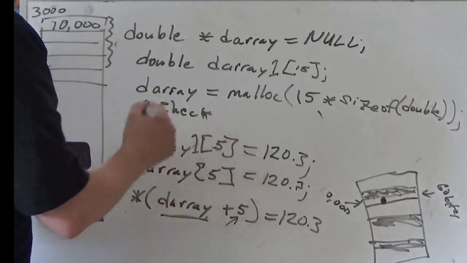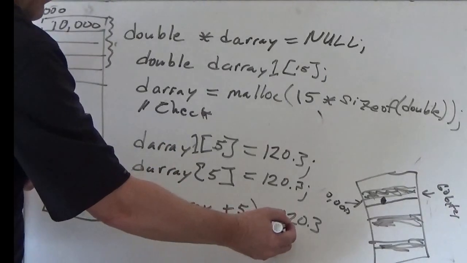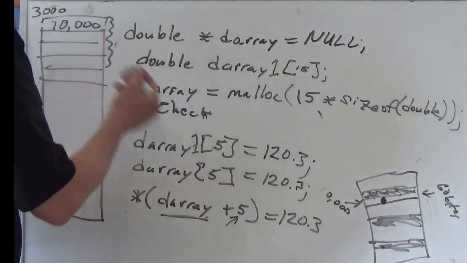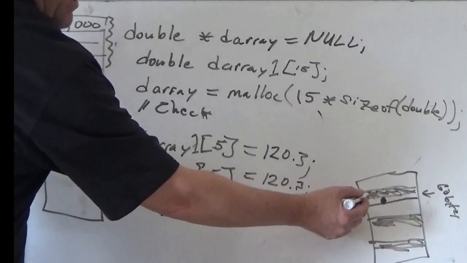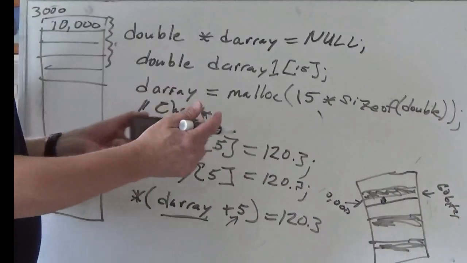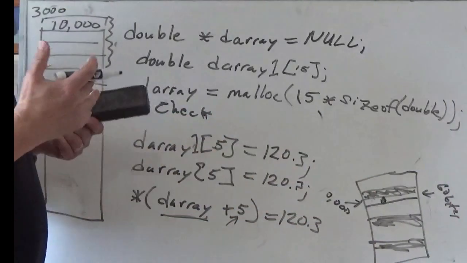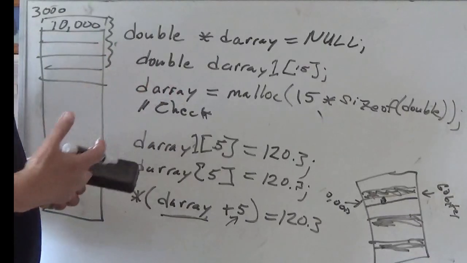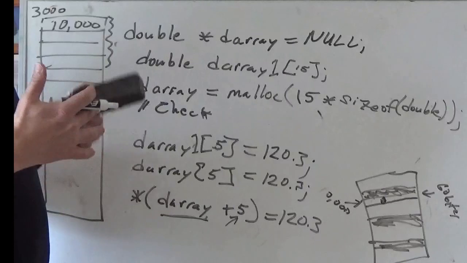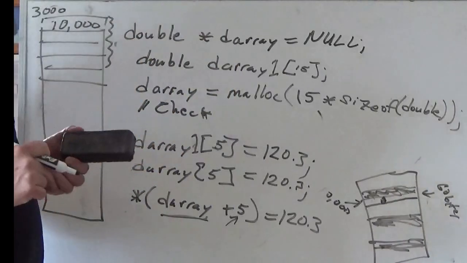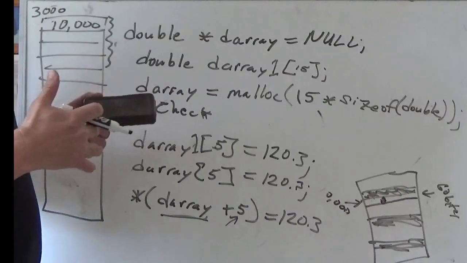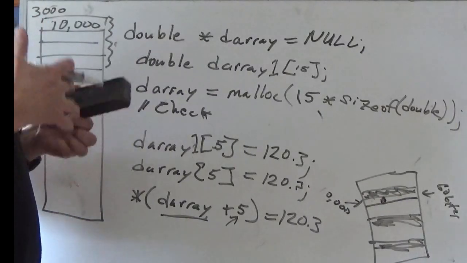All this is doing is assigning the value 120.3 to the 5th element of D array. D array is pointing to memory address 10,000, so the 5th double element in that memory block is what's going to be acted on. You either read from it or write to it. So that's basically the simple way to use dynamic memory for your arrays.